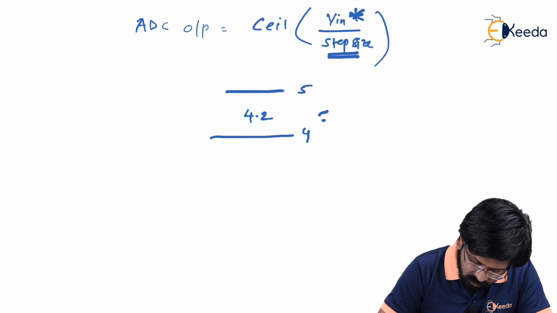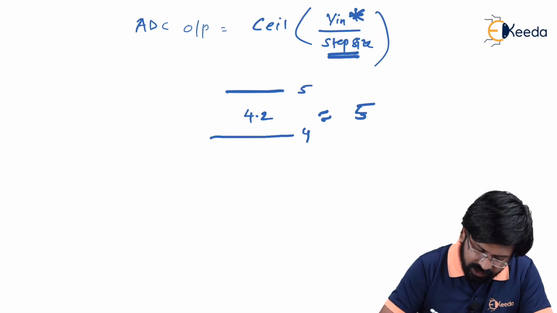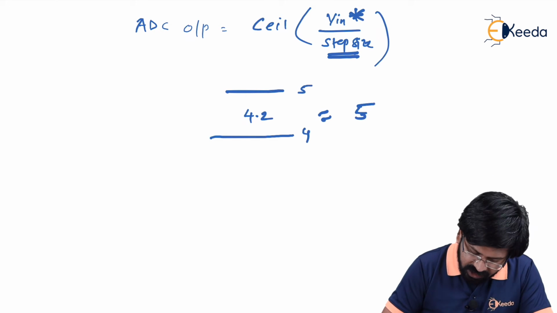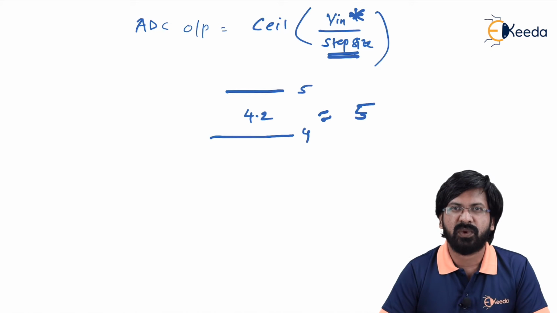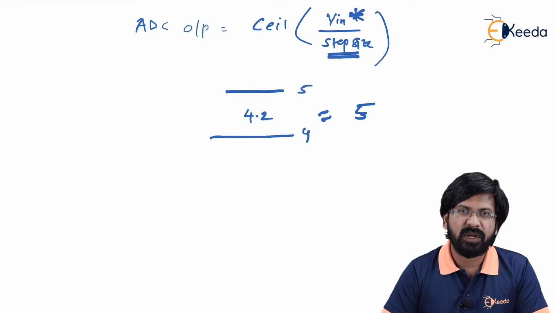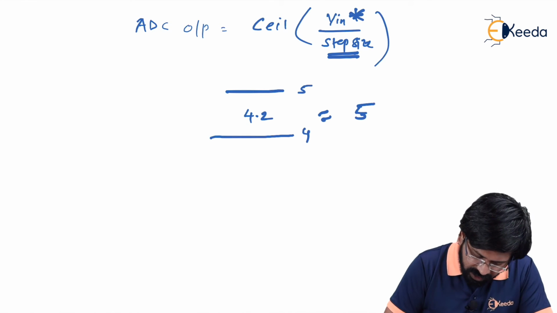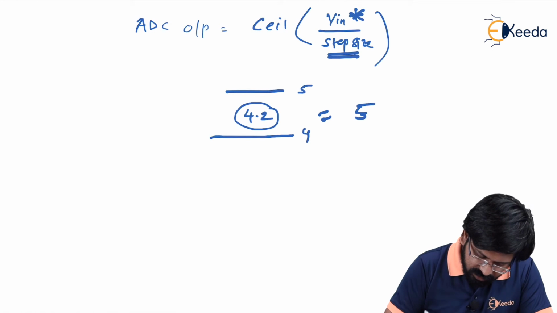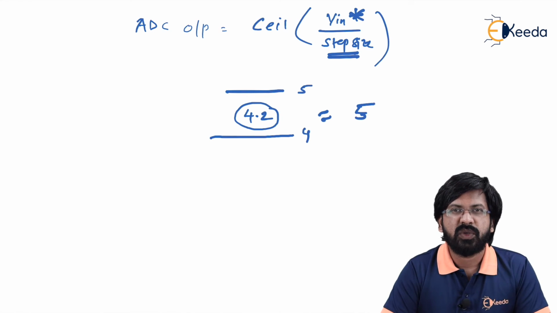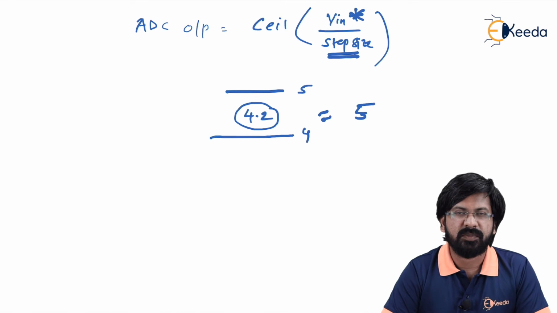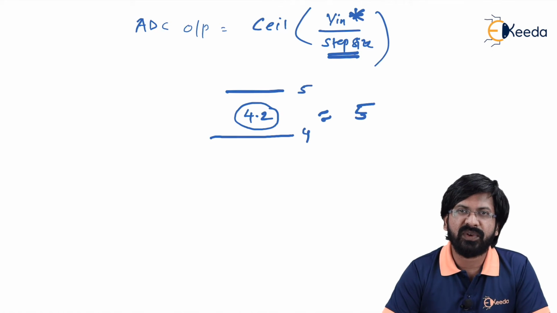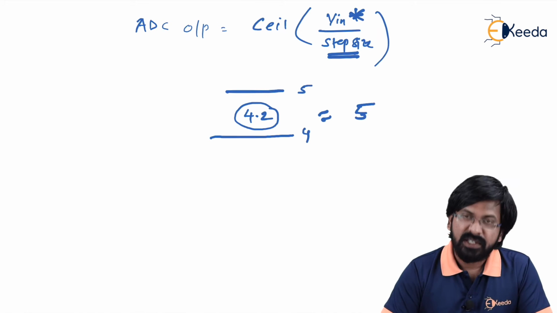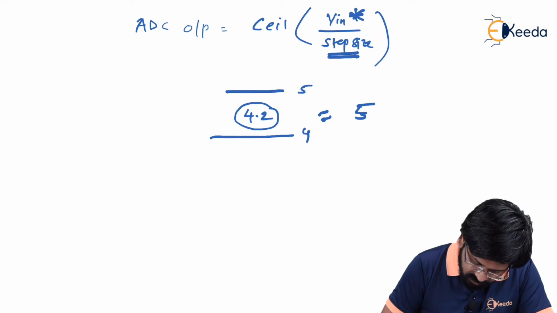So 4.2 is approximated as 5 when it comes to the Ceil function. But if I am going for the floor function, then 4.2 is approximated as 4 only. So I'm sure you now understood it. Whenever you have these floating point numbers, you have to convert them into a complete integer number, and to do so you have two types of function. One is called the floor function, the other is called the Ceil function. So I can give you more examples.